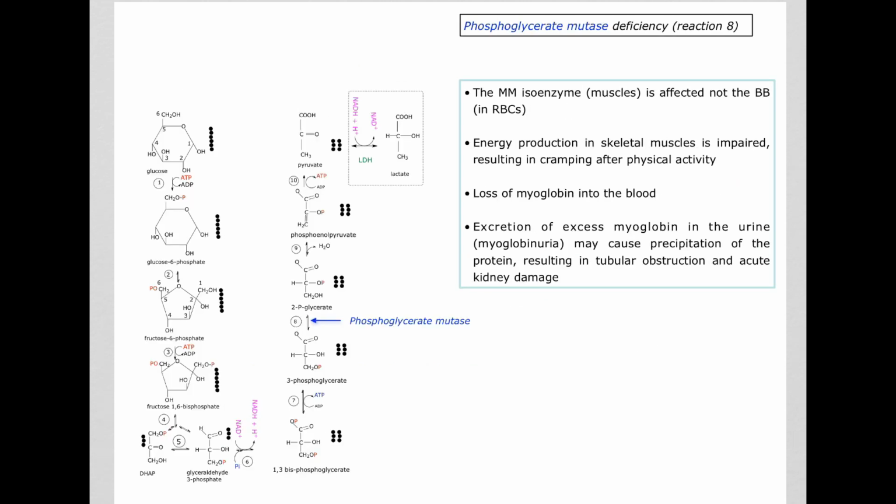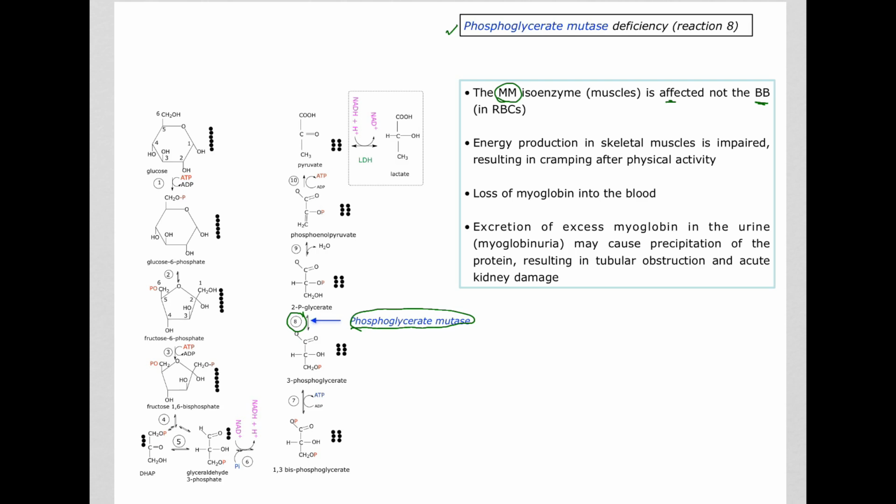Another glycolytic pathway defect is the phosphoglycerate mutase deficiency. This enzyme phosphoglycerate mutase catalyzes reaction number 8. So in this disease, the MM isoenzyme of phosphoglycerate mutase is affected, but not the BB isoenzyme that is found in red blood cells.